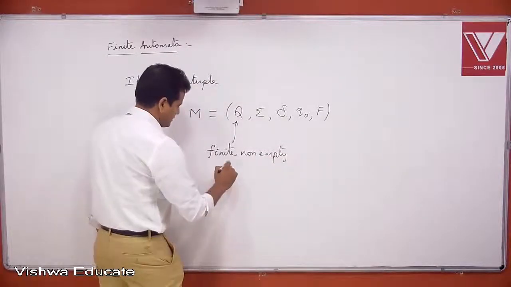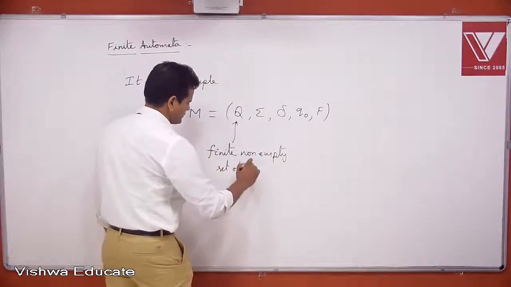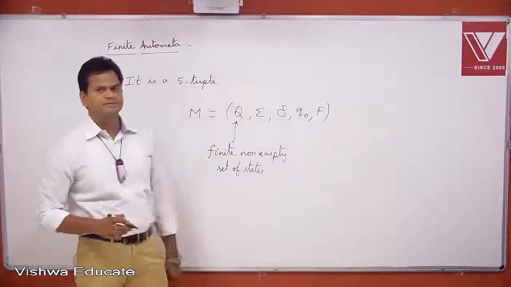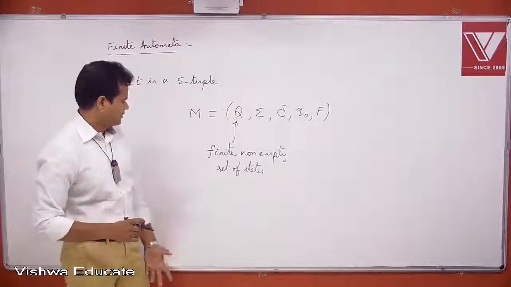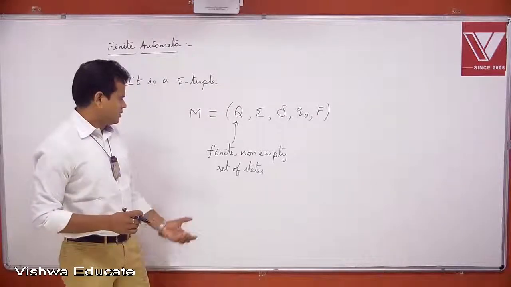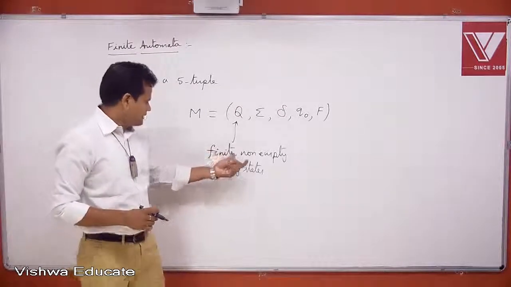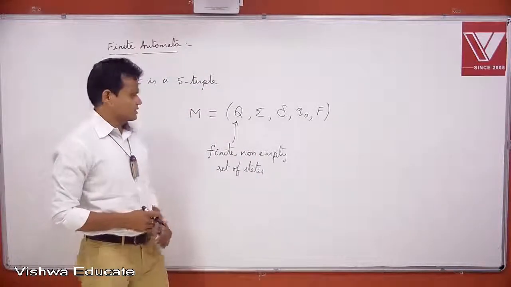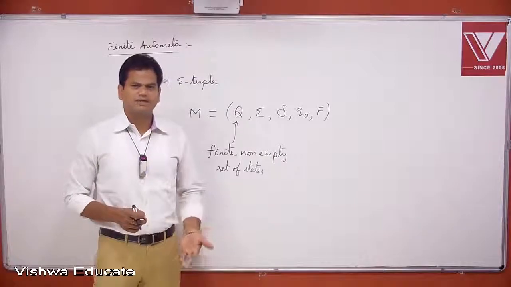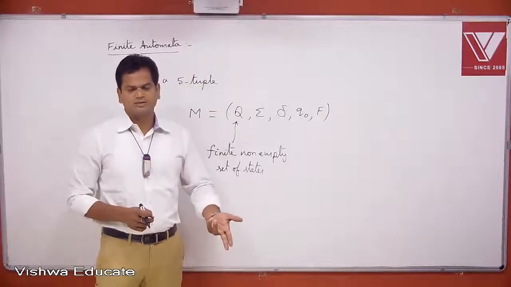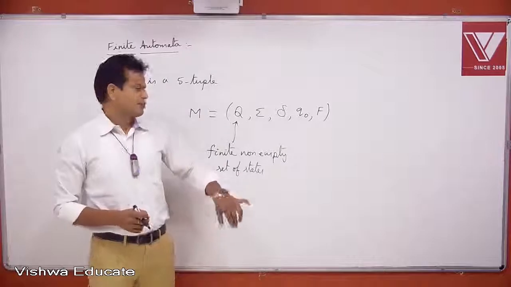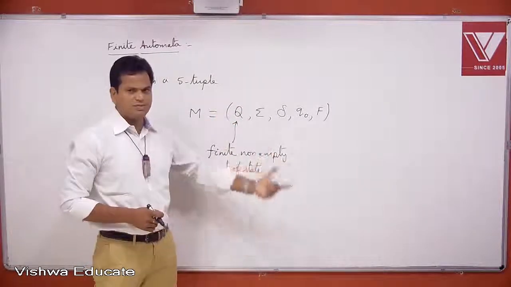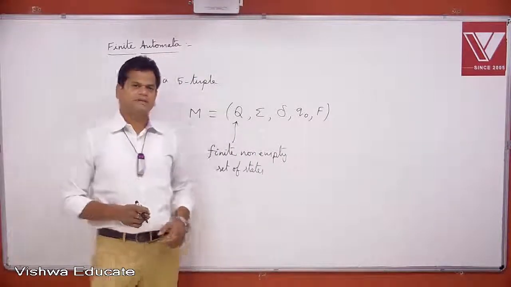What is the meaning of the word finite? You can take any number of states. You can take one state or 2 or 20 or 100 or 200, whatever. But whatever the number of states we take in this automata, that number should be finite.